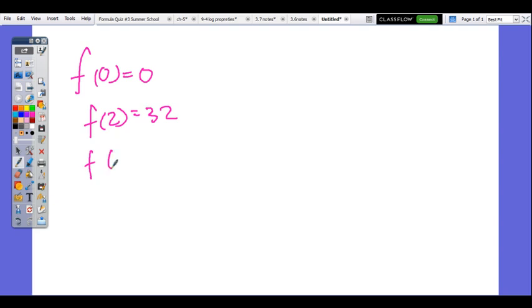And then you want to find it at 6 seconds, and then at 8 seconds. So the distance from 0 to 2 would be 32. And then for 6, you want to find the distance from 6 to 2, so you subtract those two positions, and then you get a number.